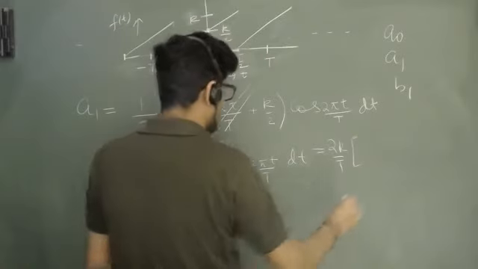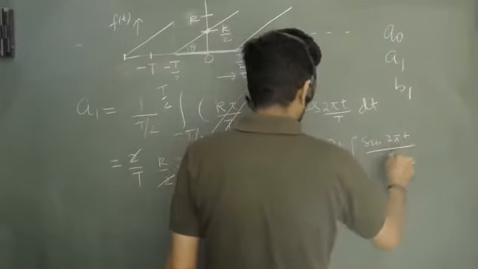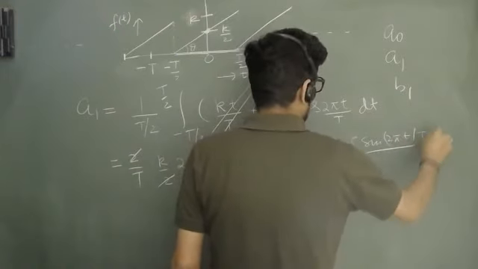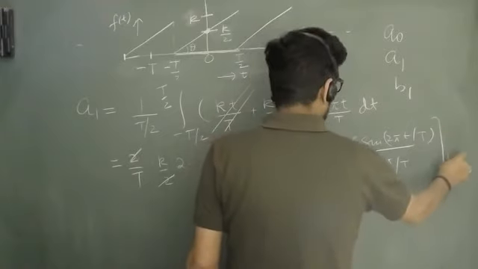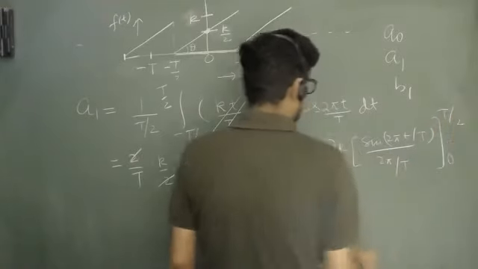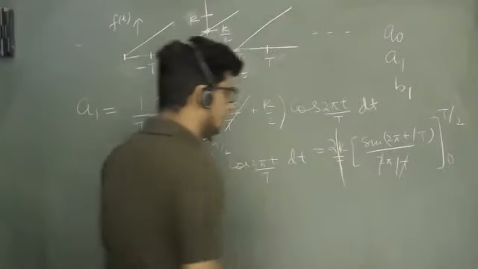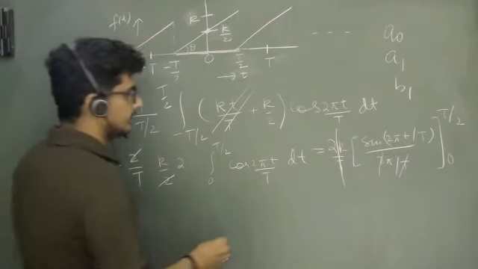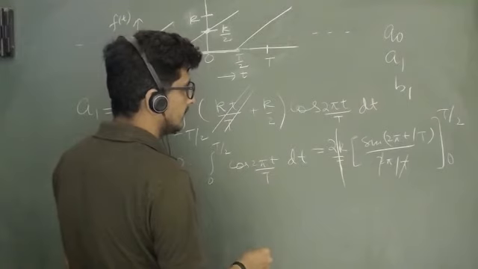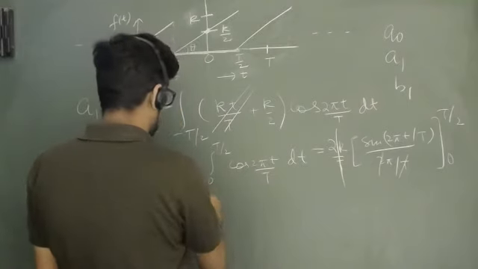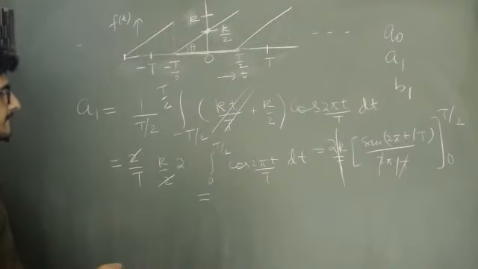What am I going to get here? Sine 2 pi t by T over 2 pi by T, from 0 to T by 2. Now 2 by T and 2 by T are gone.